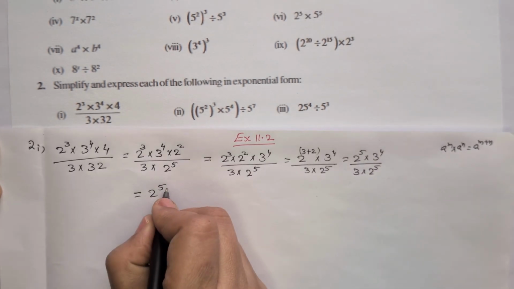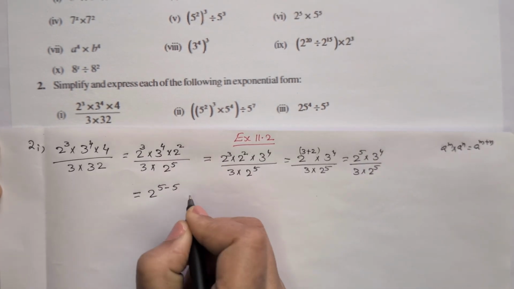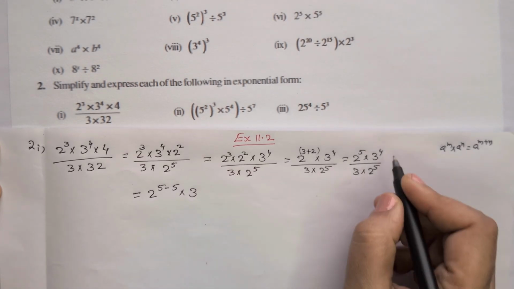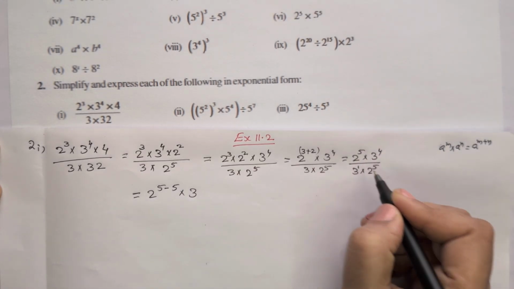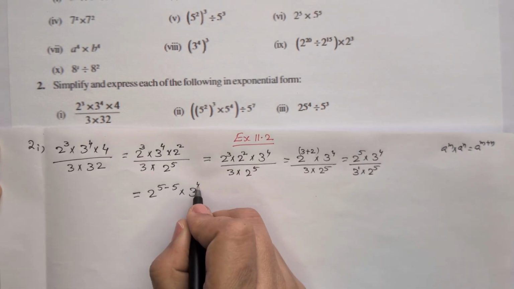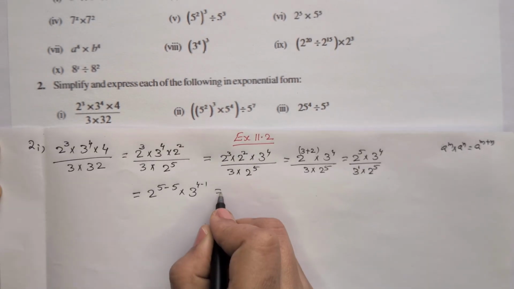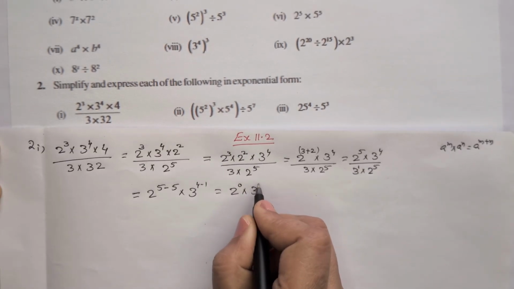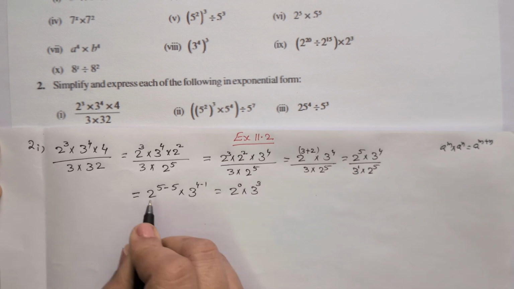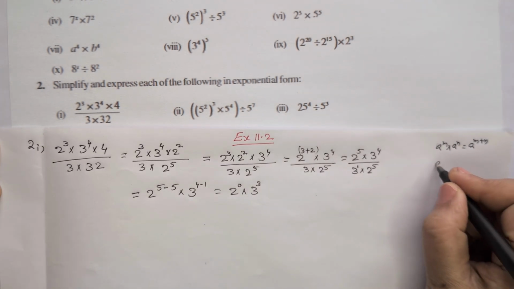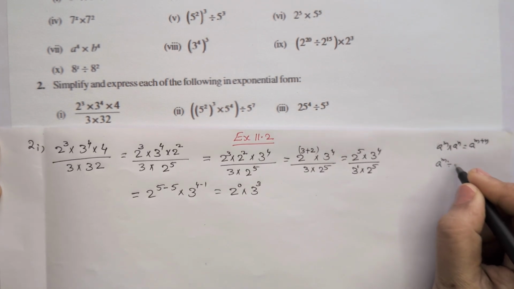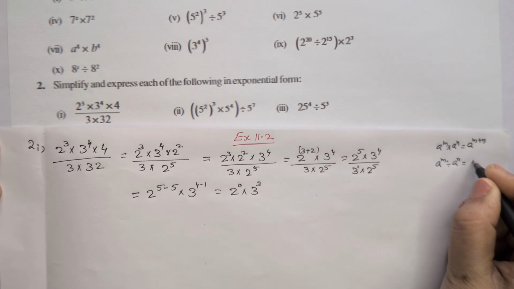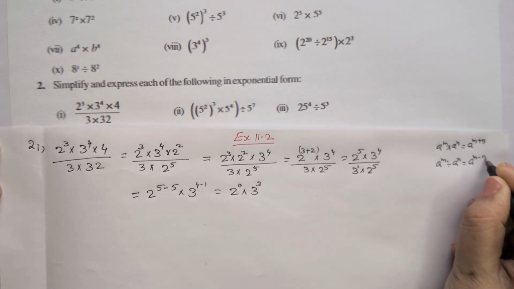So when we apply the division rule, 2 raised to 5 minus 5 into 3 raised to 4 minus 1, which is equal to 2 raised to 0 into 3 cube. Here we are applying the division rule: a raised to m divided by a raised to n is equal to a raised to m minus n.